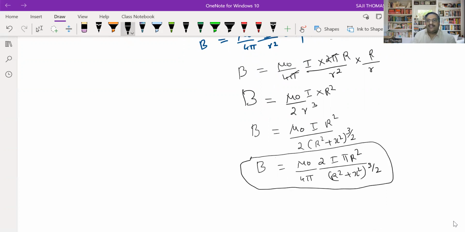Then, as a special case, we can find the magnetic field at the center of the loop.